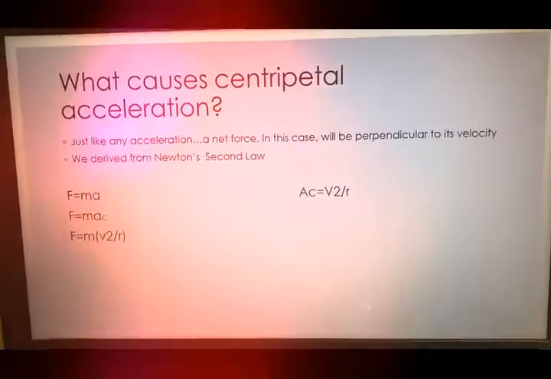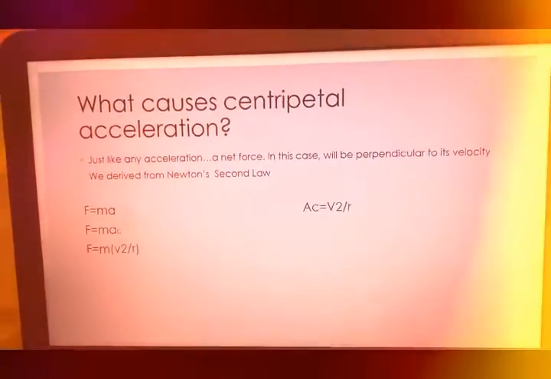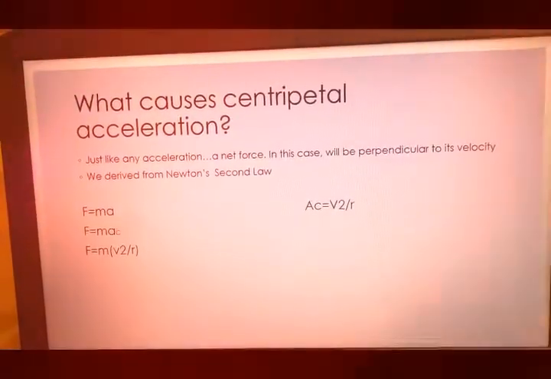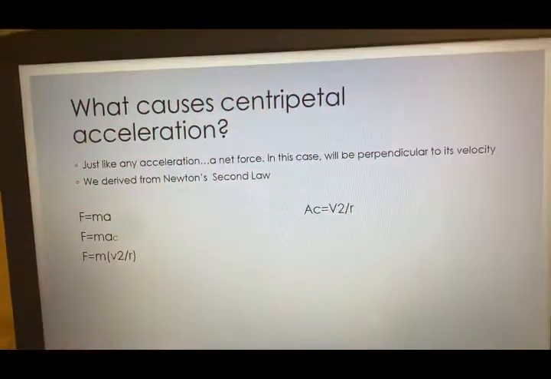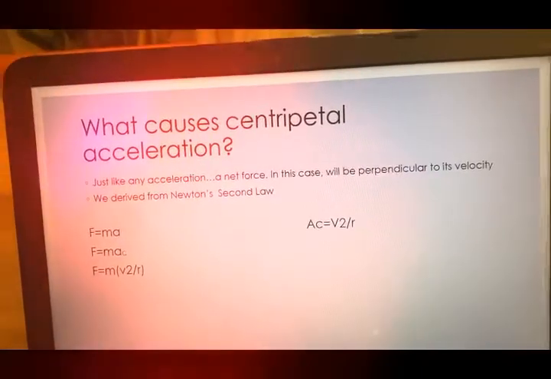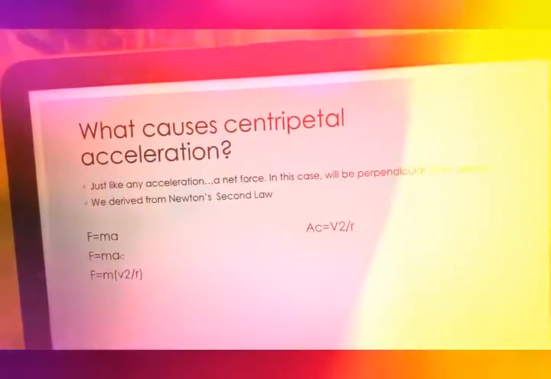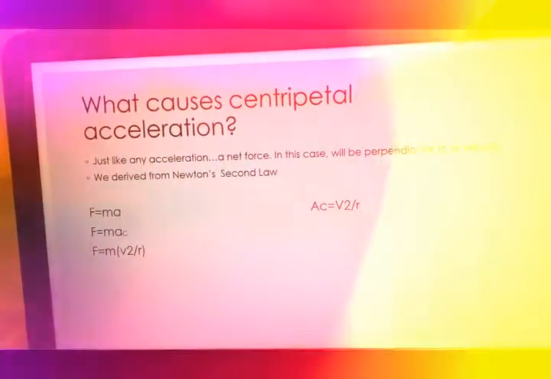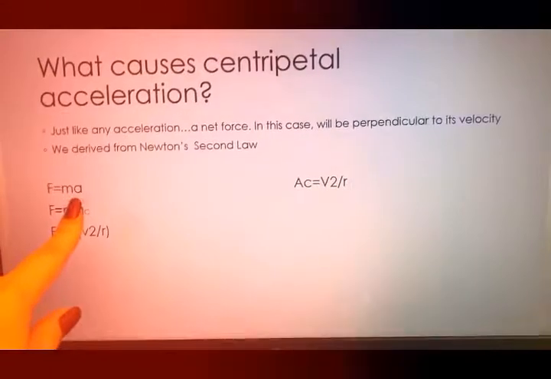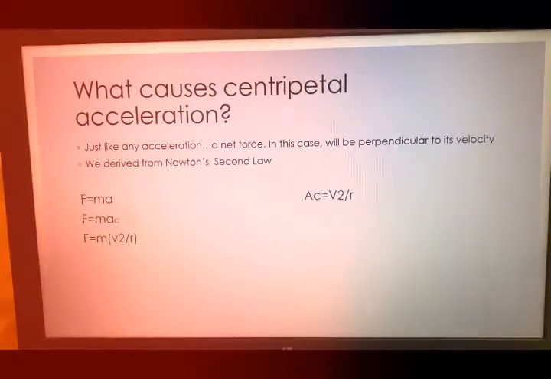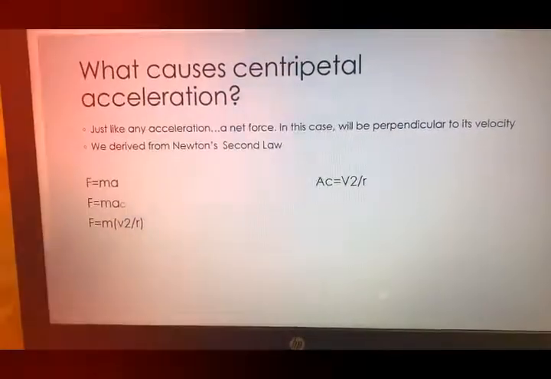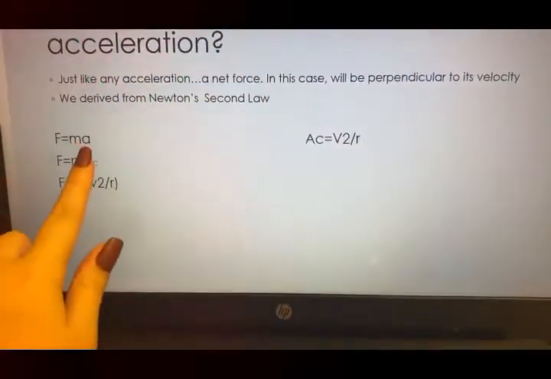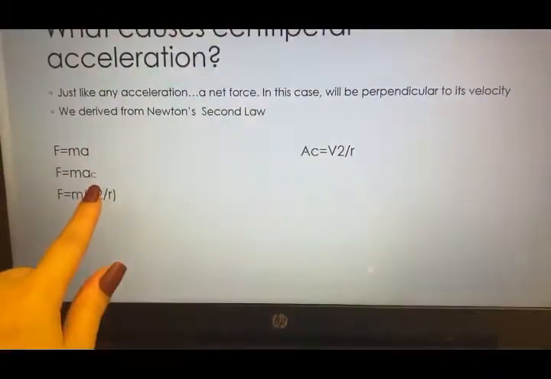Okay, what causes centripetal acceleration? Well, it's just like any other acceleration. It starts with a net force that is perpendicular to the surface, which is Newton's second law, basically, F equals ma, but in a little bit more advanced way. Why? Because as we said, a is not regular acceleration anymore, it's centripetal acceleration.